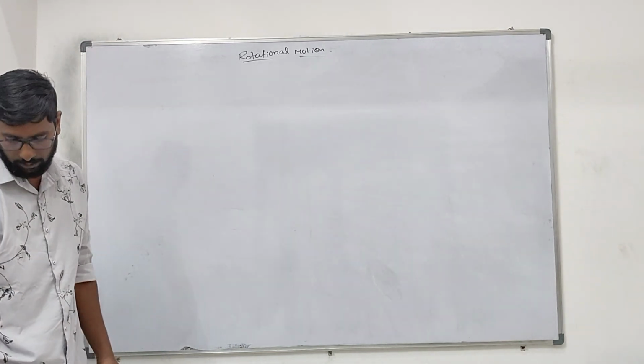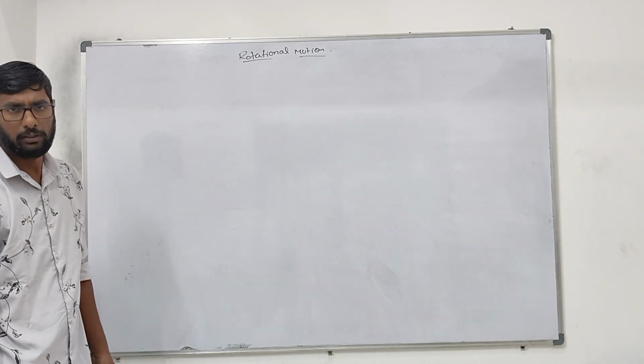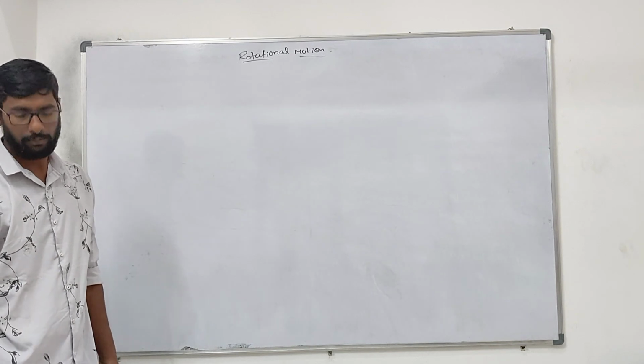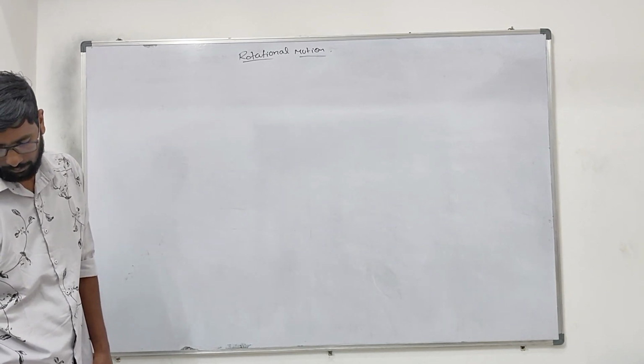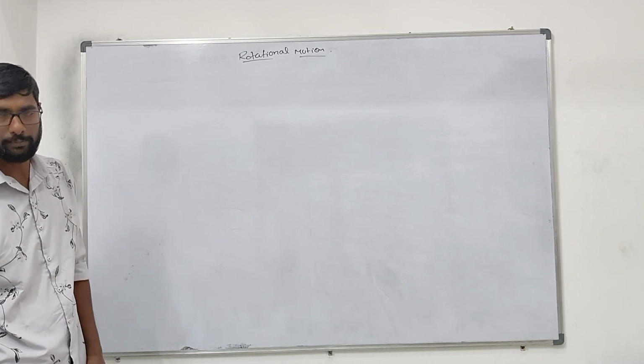So there is one question given. You read the question. A circular disc is rotating about its own axis at uniform angular velocity omega.